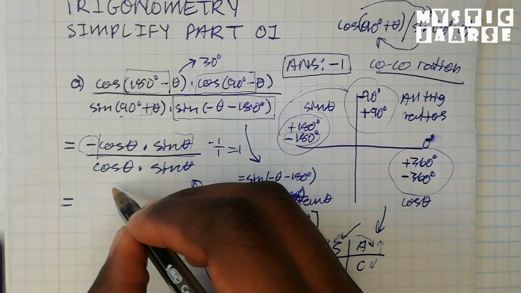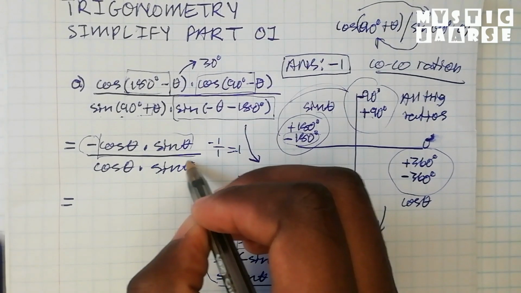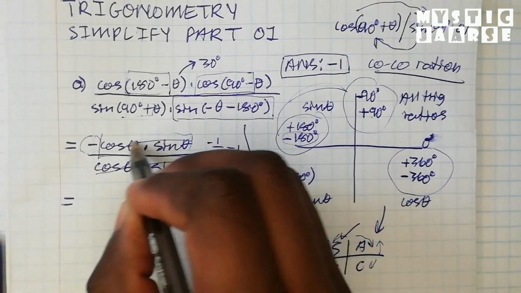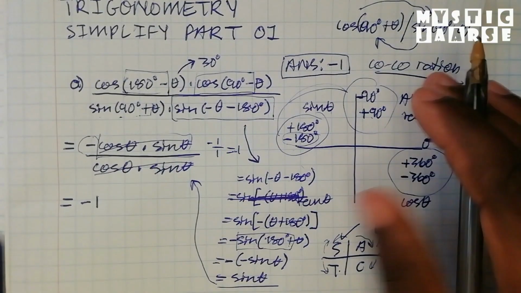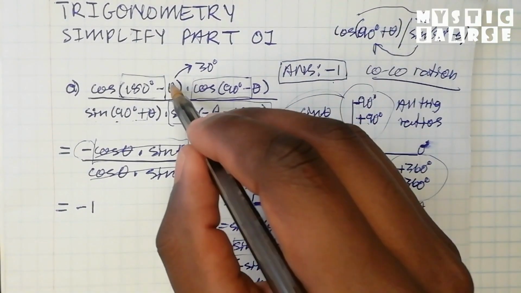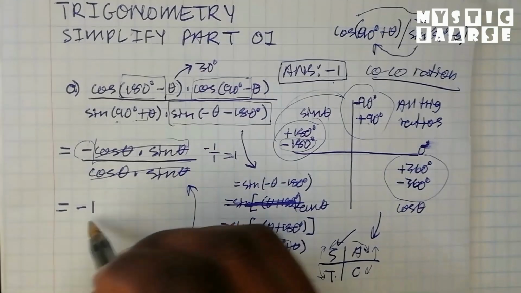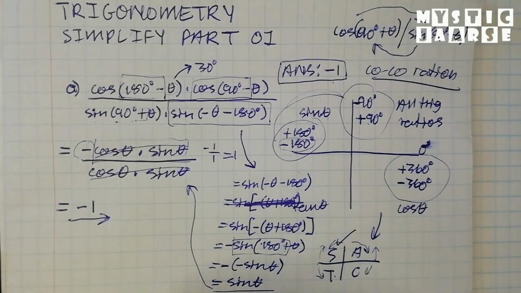Or the other way to say it is, the denominator is going to cancel with the numerator and we will be left with negative 1, which is the answer that we got when we were checking what we would get if we replace our theta with 30 degrees. So we know that we got our simplification right.